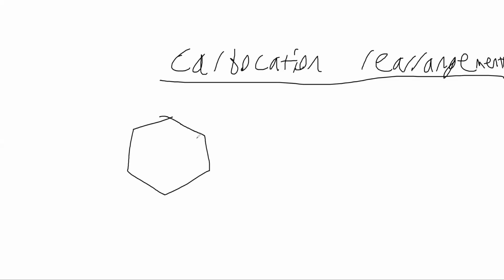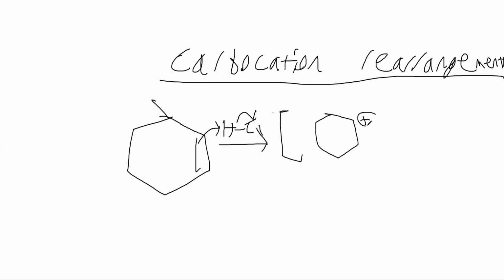So if we have a double bond here, I'll start with one. If we add HCl or something, the first step would be adding that proton. And then you'd end up with a positive charge here.